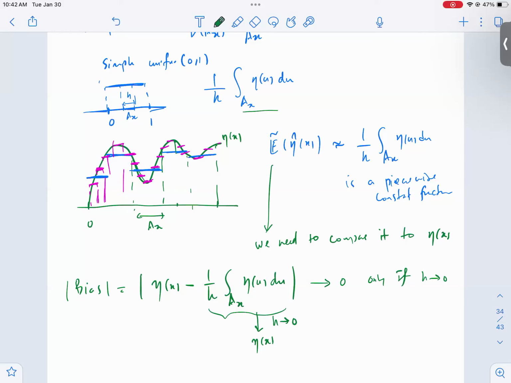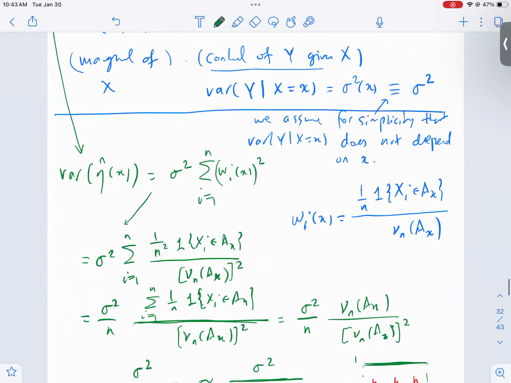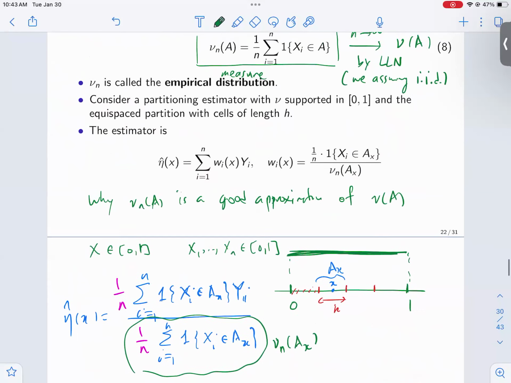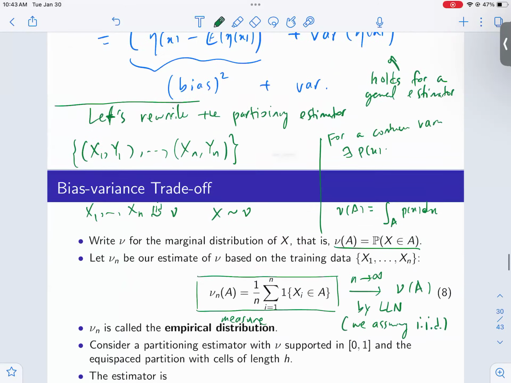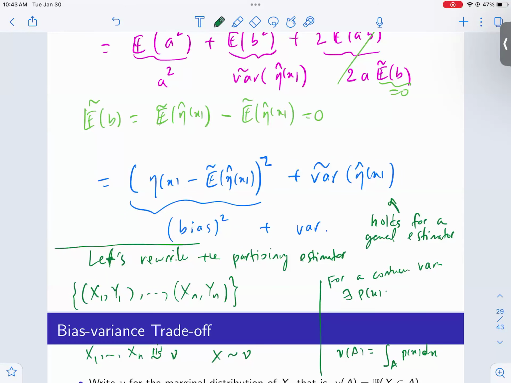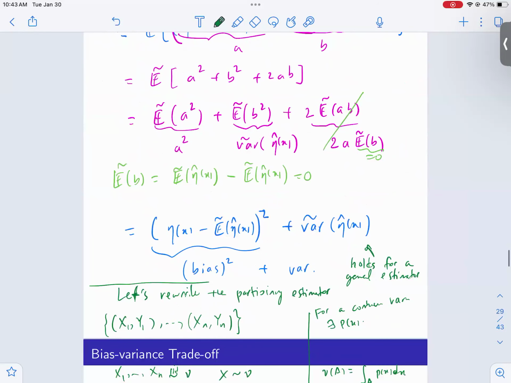We're computing the expectation of eta of x minus eta hat of x, squared, which is the bias-variance decomposition. We're looking at this quantity, and we compare it to the true eta of x. This is the bias.